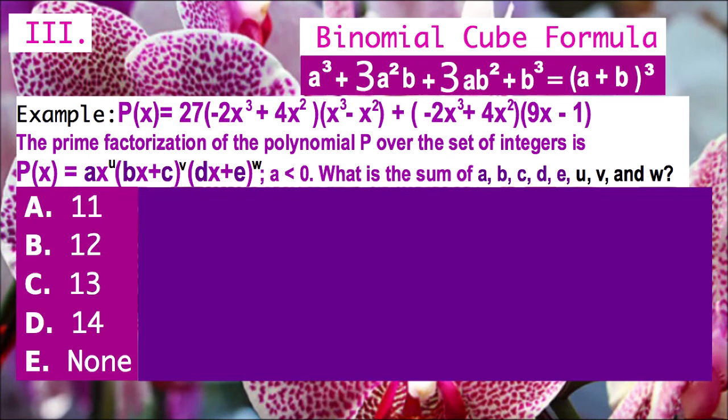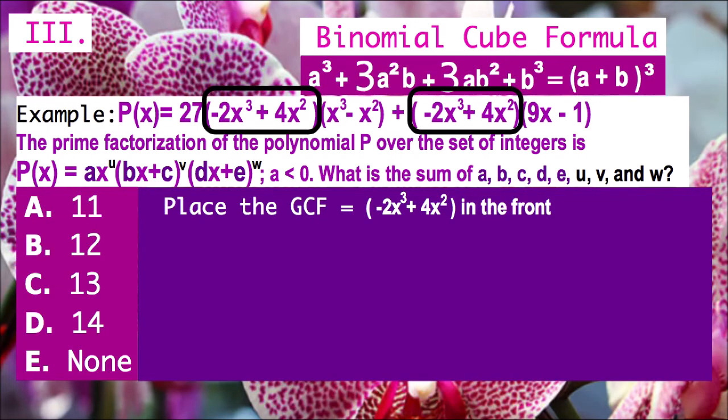All right, so the prime factorization of this polynomial p over the set of integers is p of x equals a(x to the power u plus bx plus c) to the power v times (dx plus e) to the power w, where a is less than 0. So what is the sum of all of these coefficients?